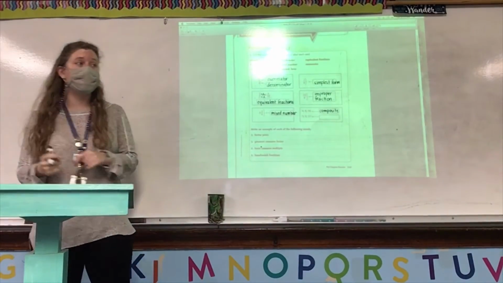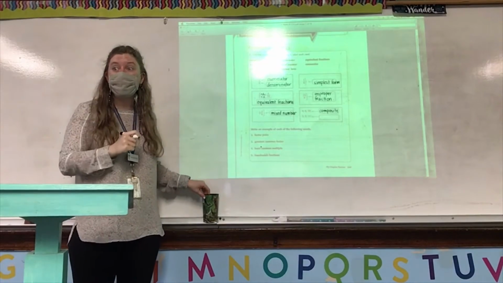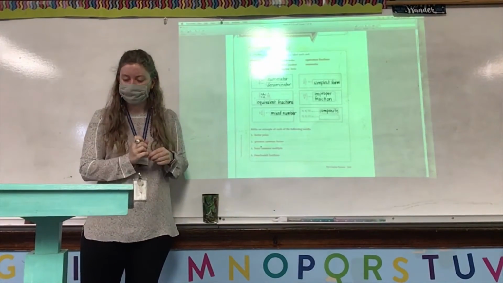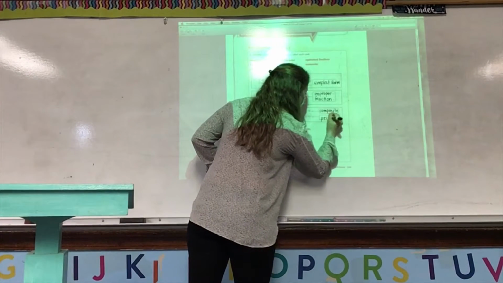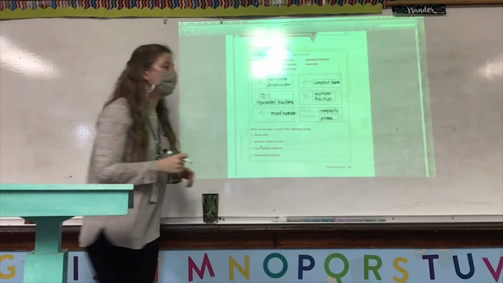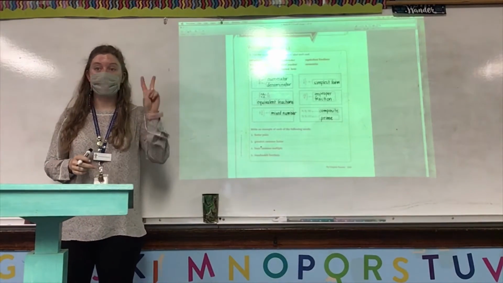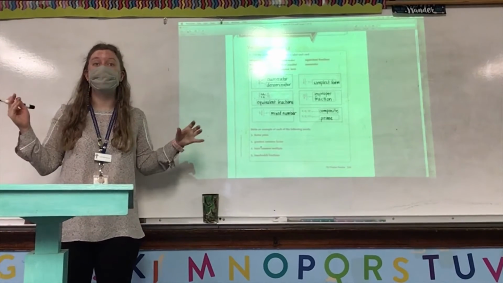Remember, composite numbers have 3 or more factors. Cullen, what word goes in the bubble pointing to 3, 5, and 11? Prime. 3, 5, and 11 are all numbers with 2 factors. Remember, prime numbers have 2 factors only. Composite numbers have 3 or more.